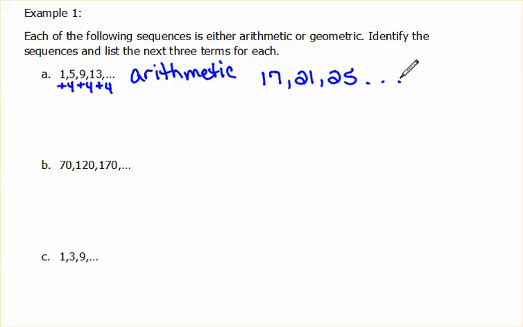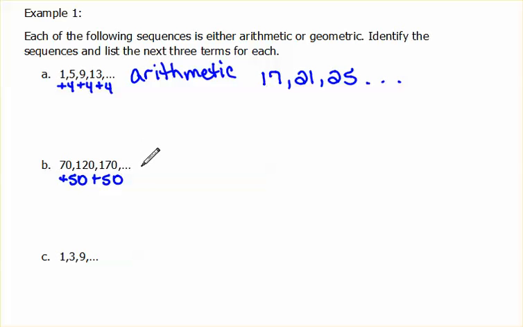The next one, to get from 70 to 120, we would have to add, what, 50? And then to get from 120 to 170, we'd have to add 50 more. So we are adding the same amount. It can't be different. It has to be adding the same amount each time.